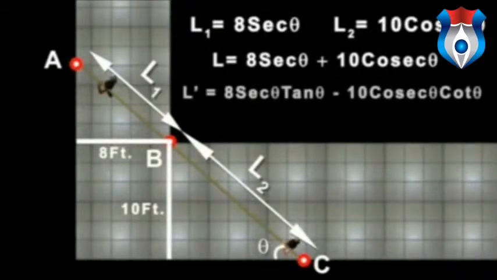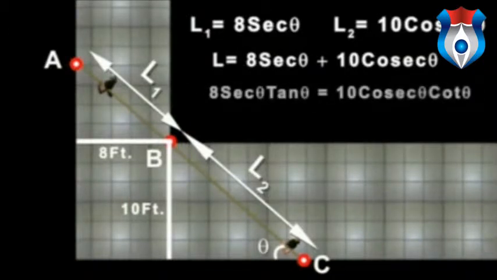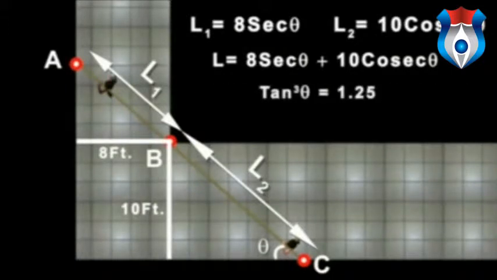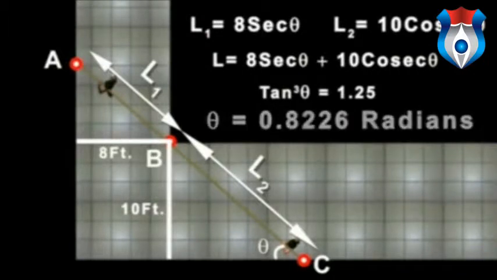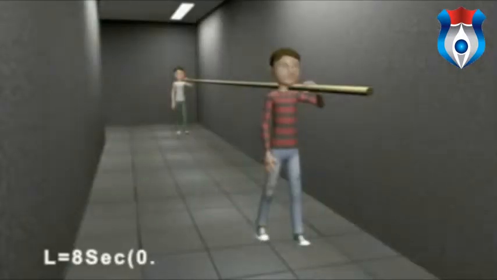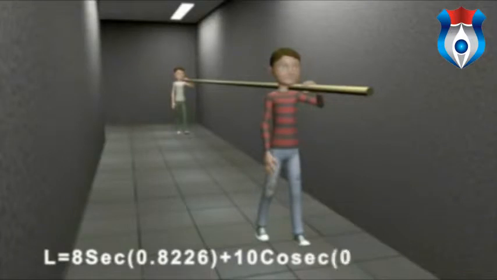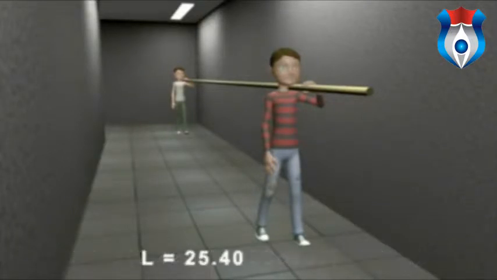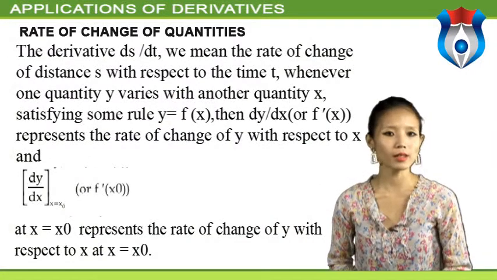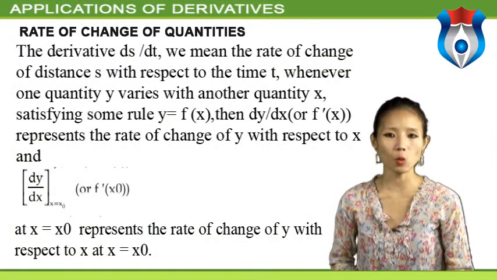We'll minimize this new equation, which gives theta equal to 0.8226 radians. So, if theta is equal to 0.8226 radians, then the pipe will have a minimum length, which is equal to 25.4033 feet.